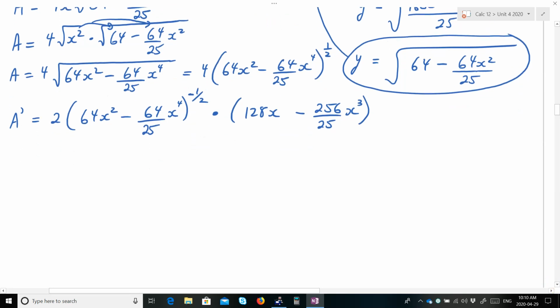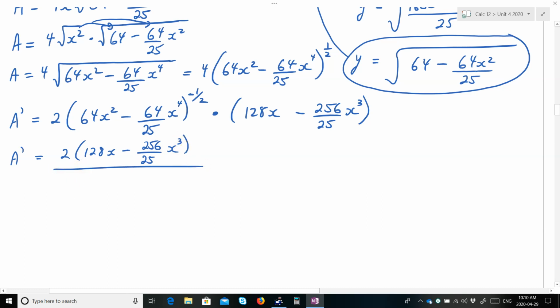Okay, so there's our derivative. That's nice. So on the top we have 2 times 128x minus 256 over 25 times x cubed.